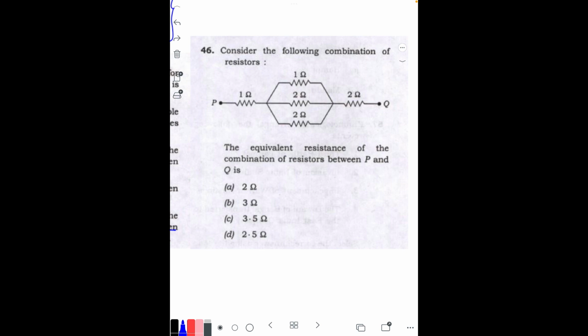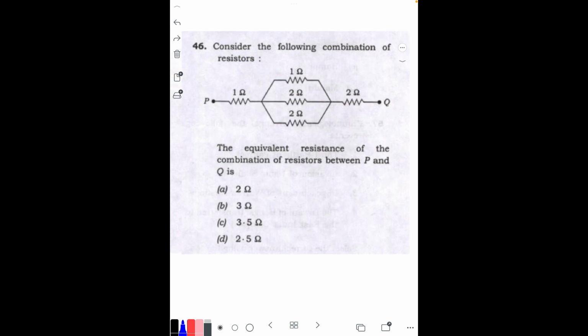46. Consider the following combination of resistors across P to Q. Equivalent resistance of the combination of resistors between P and Q is. So these three are in parallel. So we have to consider this as 1 by R equivalent equal to 1 by 1 plus 1 by 2 plus 1 by 2.